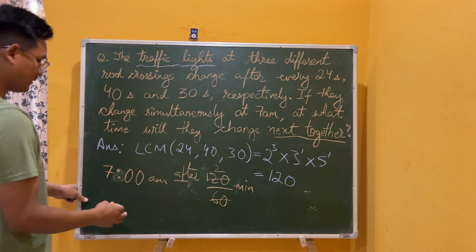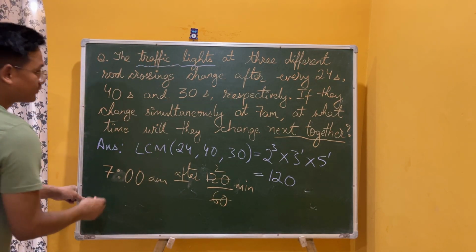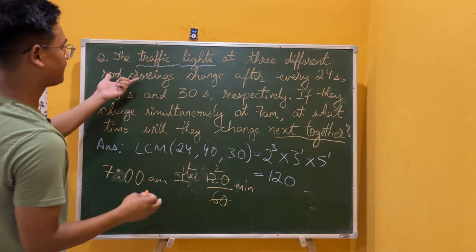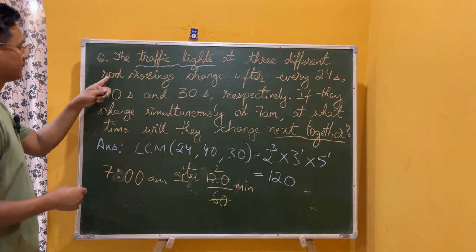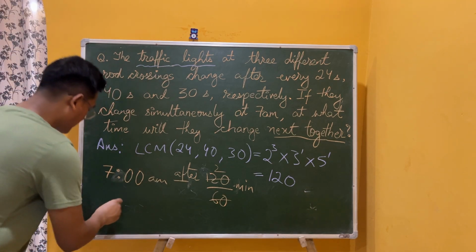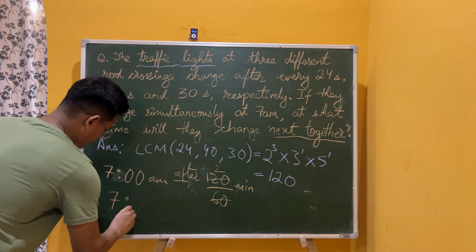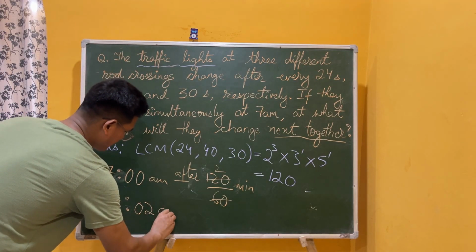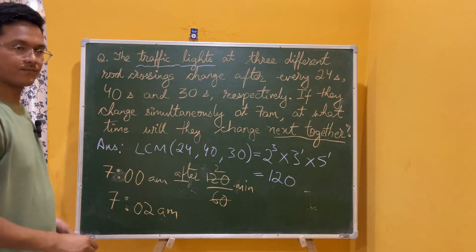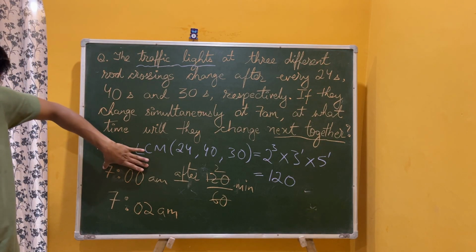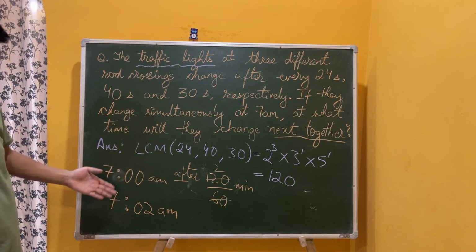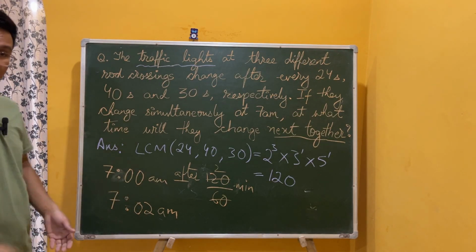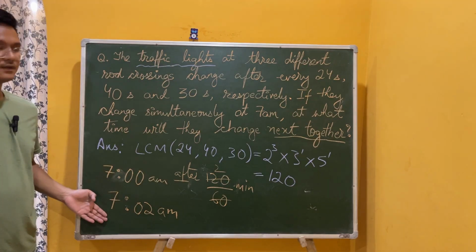So the three different lights at three different road crossings will change together at 7:02 a.m. First they changed together at 7. Now after 2 minutes all three will change together. So this is the answer.